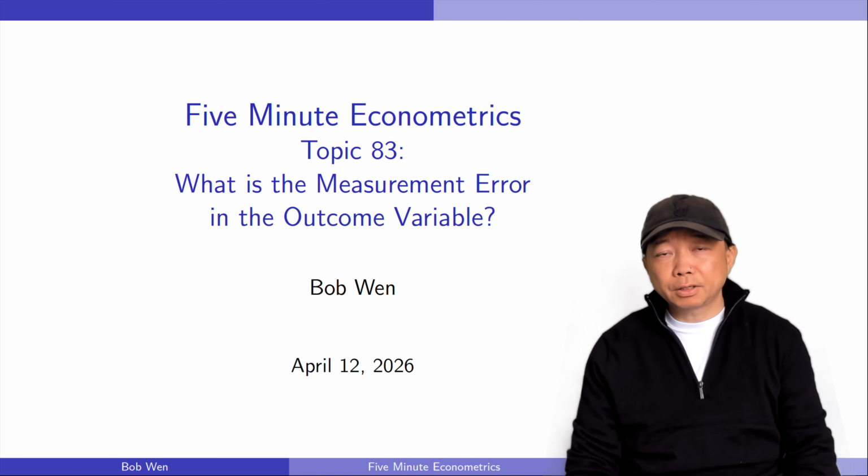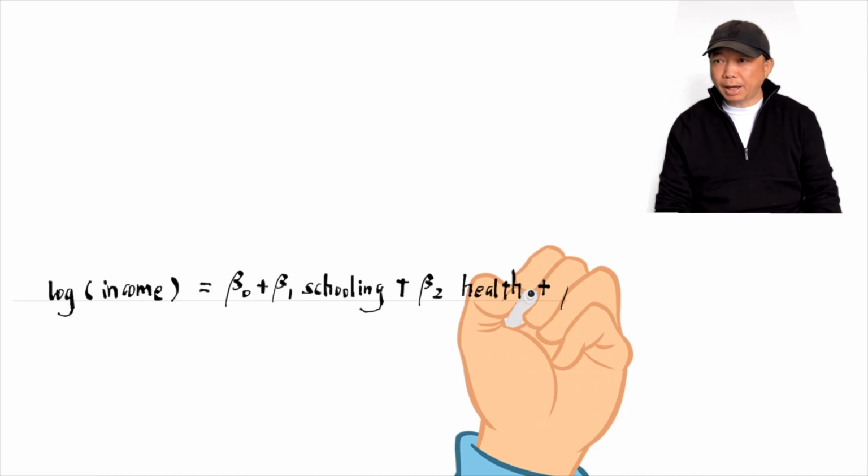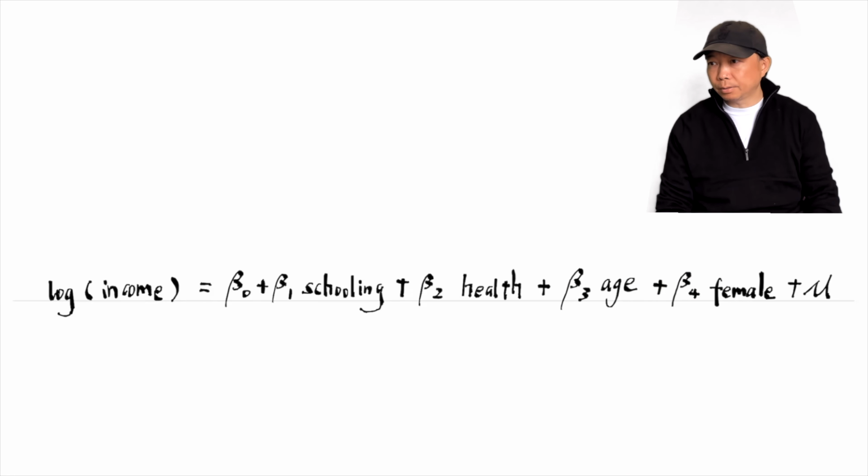When we collect data for the variables in our model, it's common for this data to contain measurement errors. For example, in a model that connects annual income to education, health status, age, and gender, survey respondents may struggle to accurately record their annual income from the previous year.